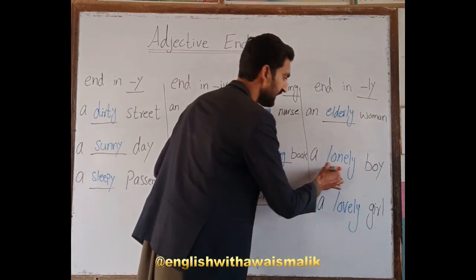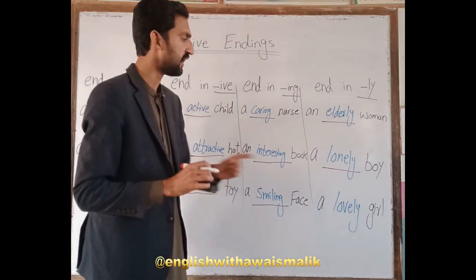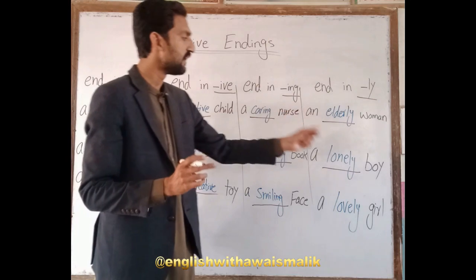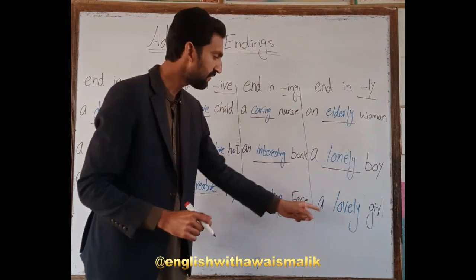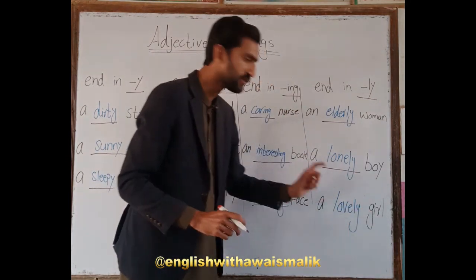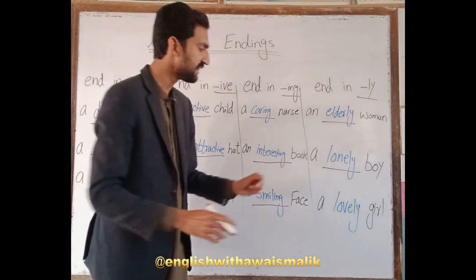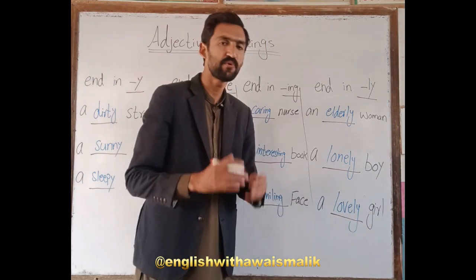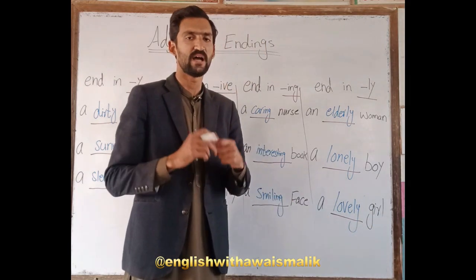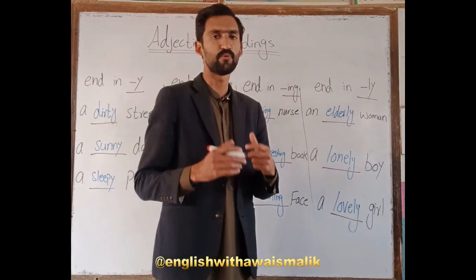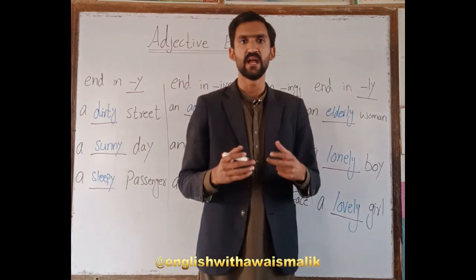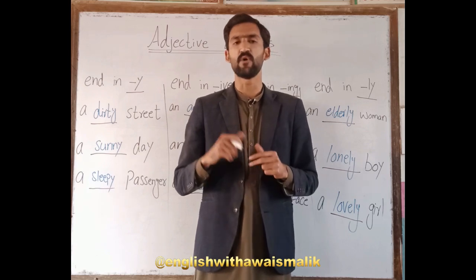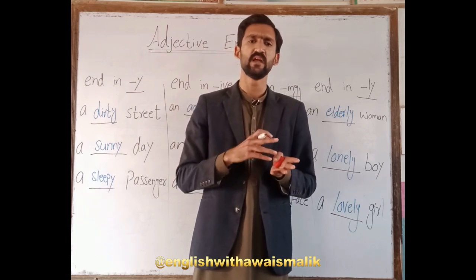The word lonely also ends with the letters LY. Next we have a lovely girl. This is the ending of another adjective, lovely. So these are a few endings of adjectives which we use to make certain adjectives, and we use adjectives usually before a noun and sometimes after the noun.